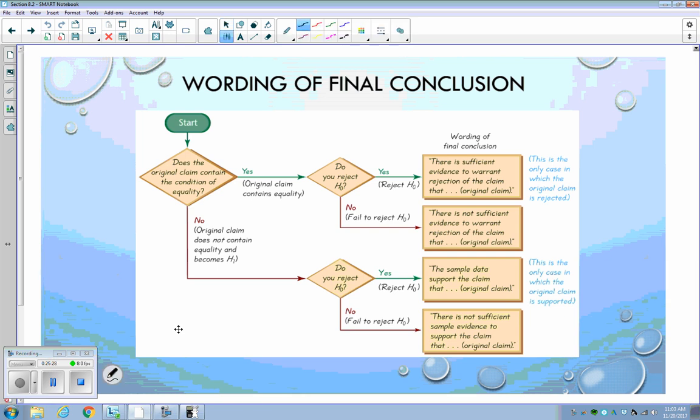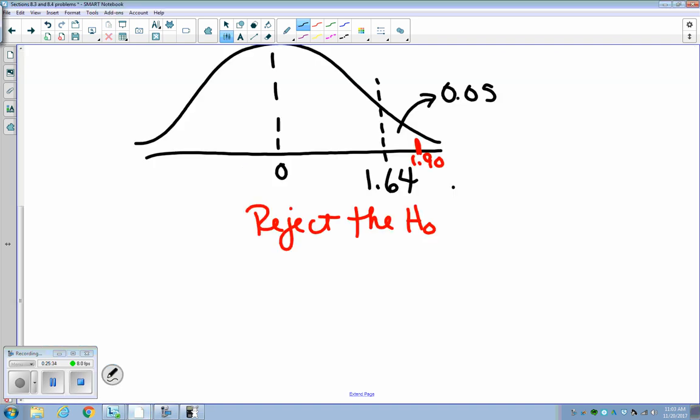So let's go back to that file. The majority of, yes, that was the claim.